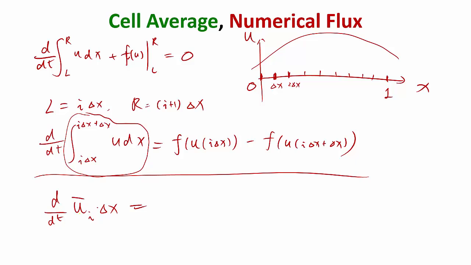Or if we can approximate this u at I delta x, which is on the left of this average, and also I plus 1 delta x, which is on the right of this average interval, using all these average intervals, then we derive a bunch of ordinary differential equations.